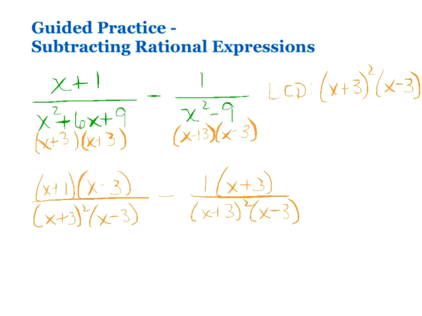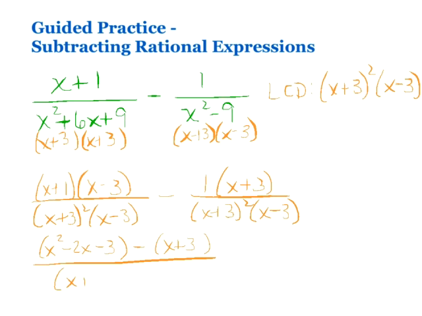And so now when I FOIL the first numerator, I'll get x squared minus 2x minus 3. And in the second numerator, I'll just have x plus 3, because we're just multiplying by the 1.